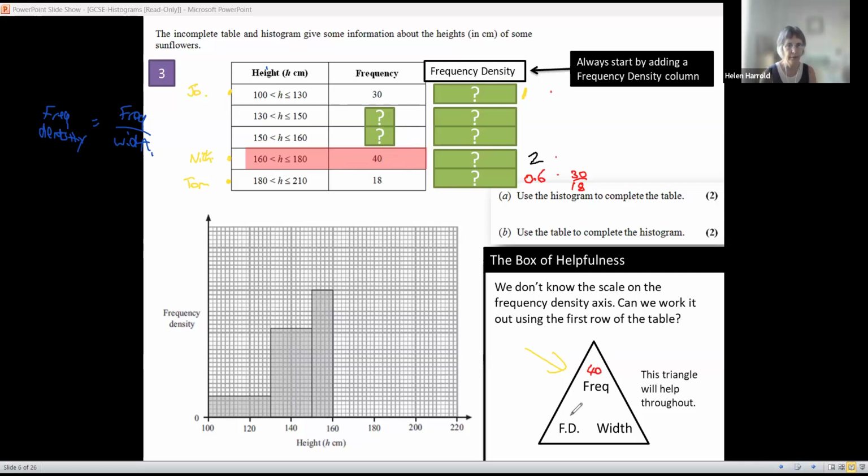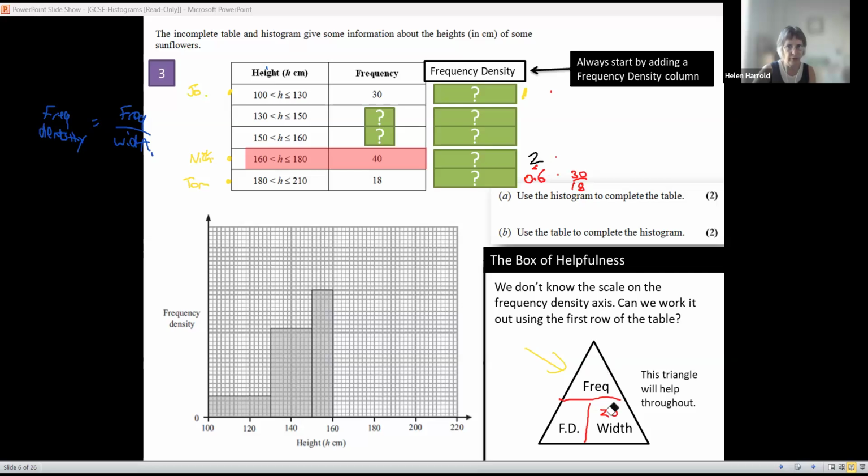And then the class width, so the width is this bit here, and it goes from 160 to 180, so it's 20. And does the bit using these triangles make sense? Is that the bit that's difficult? Like how to use these triangles? The point of using the triangles is because this is on top of this, it's just divide. So then you've got 40 divided by 20, which is 2. So that's where the 2 comes from.